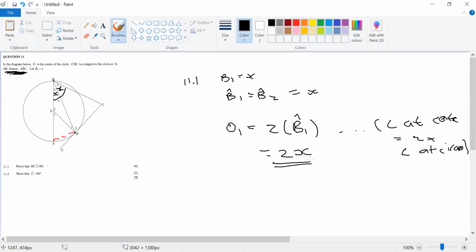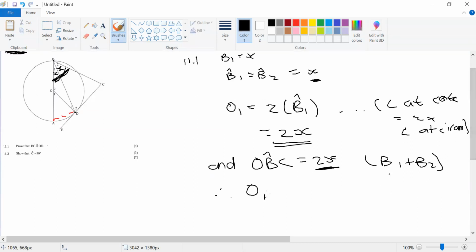So now because I know O1 is equal to 2x, and because I know that this whole angle right here, which is angle OBC, is also equal to 2x because it's B1 plus B2, and both of them are x, so B1 plus B2 would give me 2x.